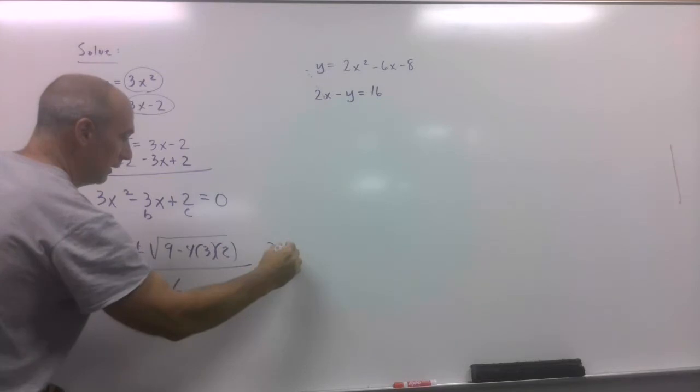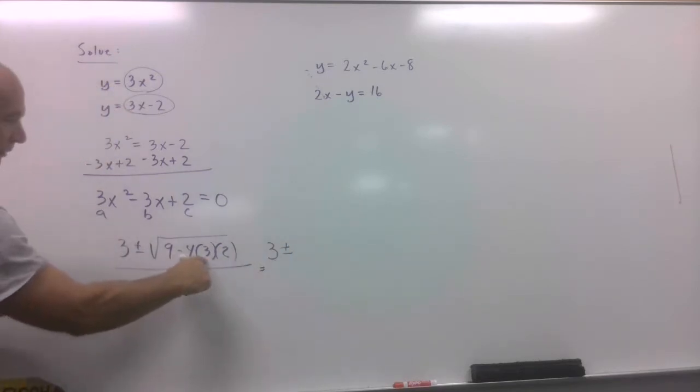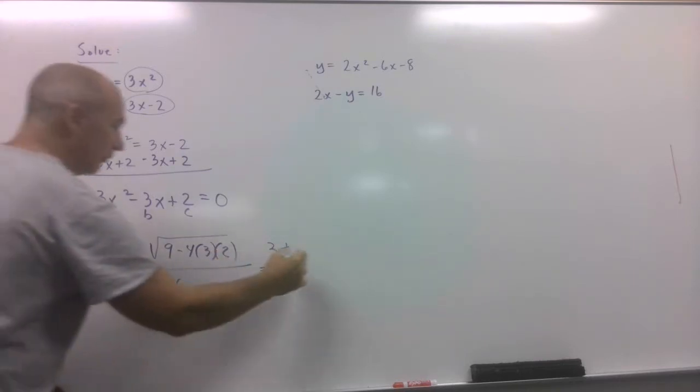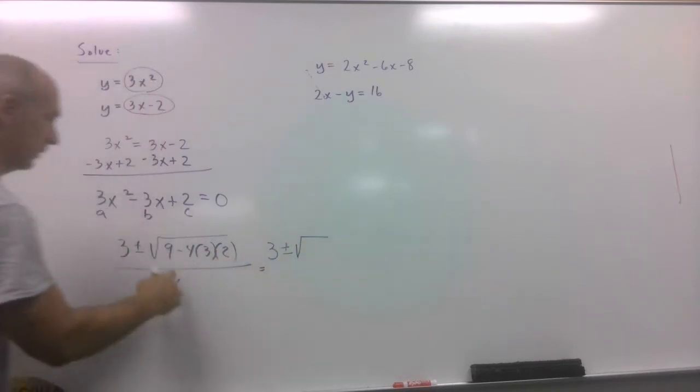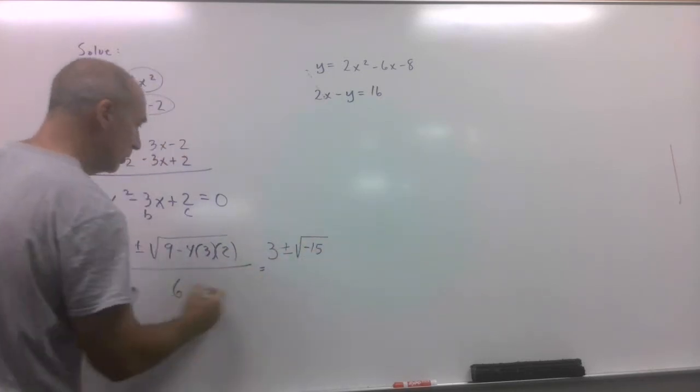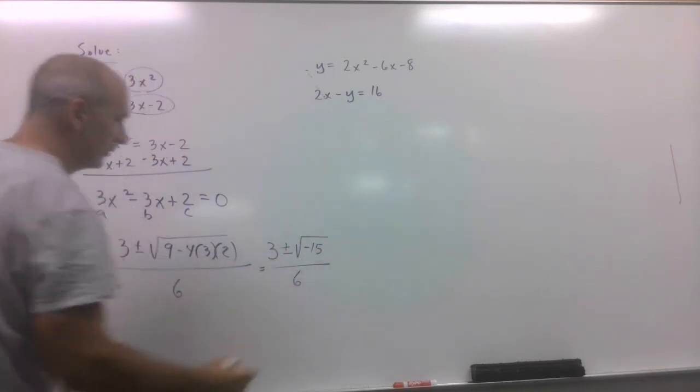So 3 plus or minus 4 times 3 is 12. 12 times 2 is 24. So I get the square root of 9 minus 24. So that's the square root of negative 15 all over 6.